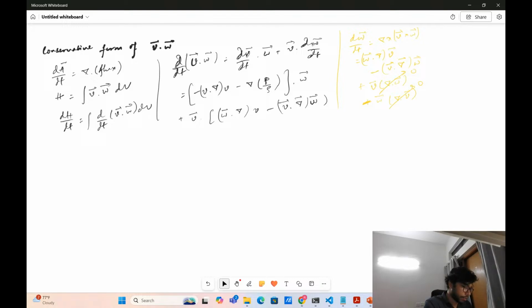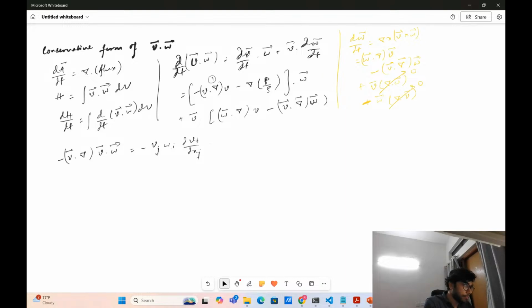Let's expand this first term. So we have Vj omega i del Vi del xj. When you have V dot del, the indices Vj and xj would be the same, and the rest is del of V dot omega, so these two indices would be the same, i and i. So this is how you expand this term.